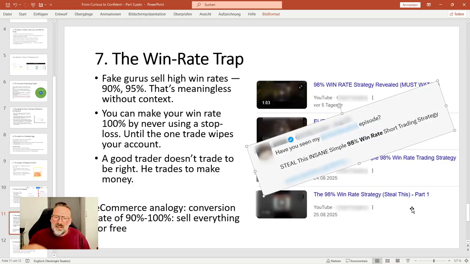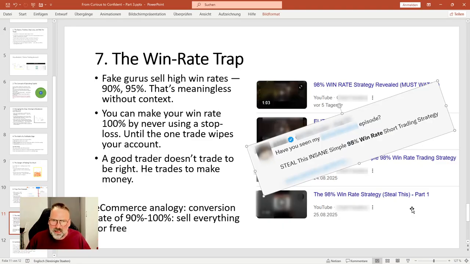So same with trading, right? Just put there a stop loss that is big enough that you will never get stopped out. Or don't trade with a stop loss at all. But once you do get stopped out, you will blow up. And that's the thing.